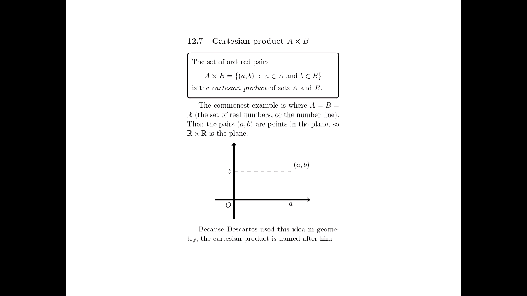Okay, so this is the thing that I said people get a bit confused by in terms of set operations. So the last important set operation we're going to learn here is the Cartesian product.